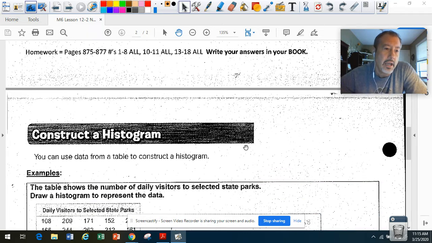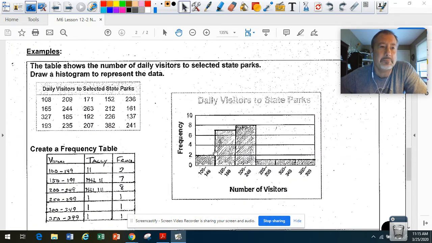It says you can use data from the table to construct a histogram. So the first thing we're going to need to do is make a frequency table here. We'll talk about how this works. So it says the data shows the number of daily visitors to selected state parks. Draw a histogram to represent the data.